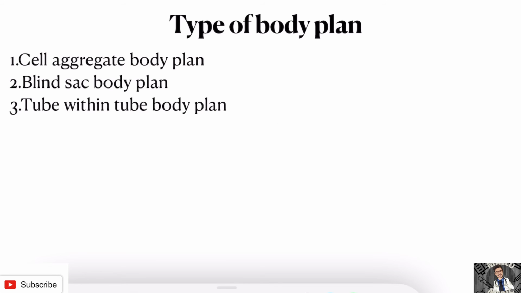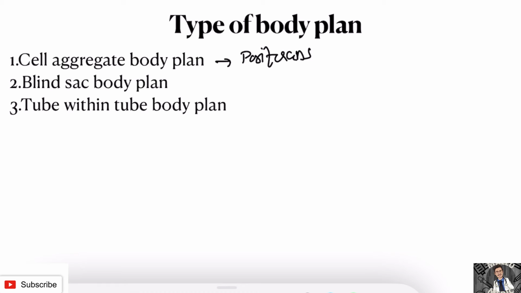Let's move on. Now, based on the type of body plan. See, first of all, we have the cell aggregate body plan. We knew the cellular level of organization was seen in porifera, right? So, cell aggregate body plan is seen in poriferans. Now, blind sac body plan. What do we mean by blind sac body plan?